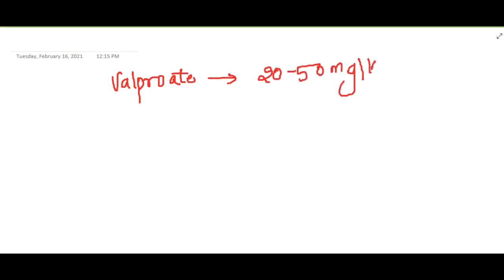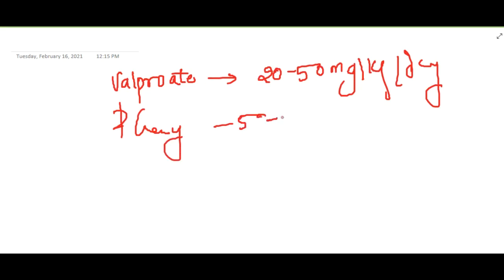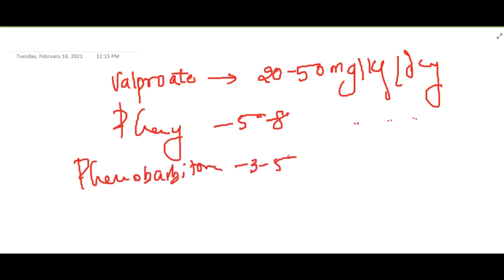For example, if the baby is using valproate, we can give 20 to 50 milligrams per kg per day. If the baby is on phenytoin, we can give 5 to 8 milligrams per kg per day. If the baby is on phenobarbital, then we can give 3 to 5 milligrams per kg per day. So this is about breakthrough seizures.